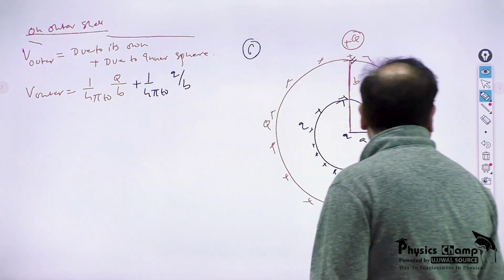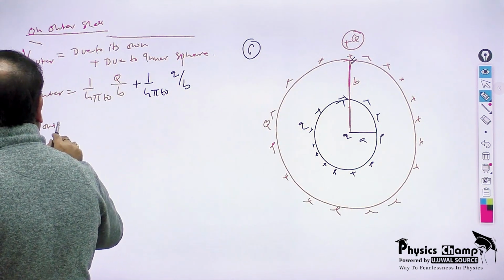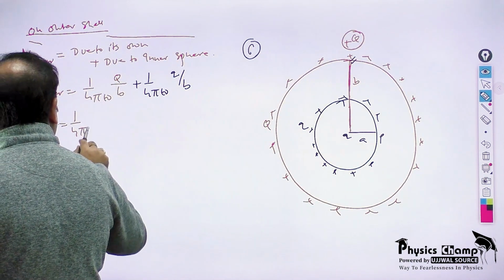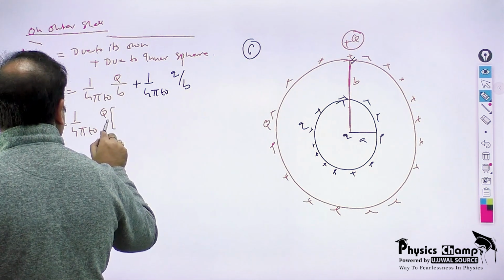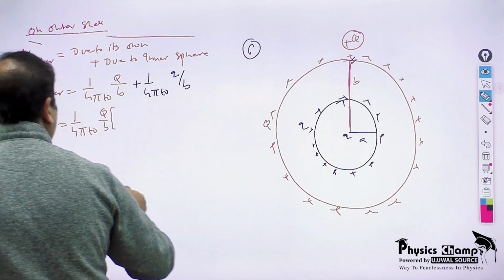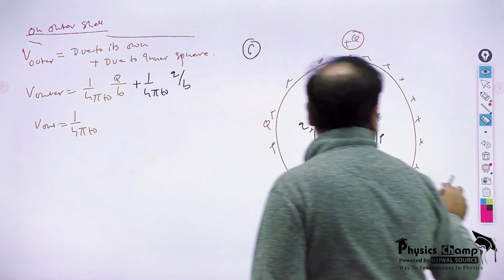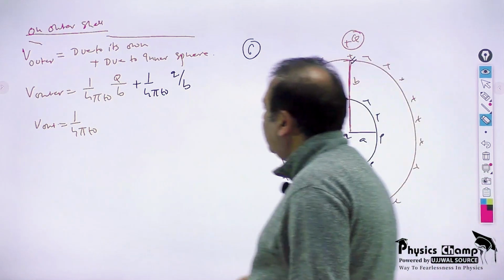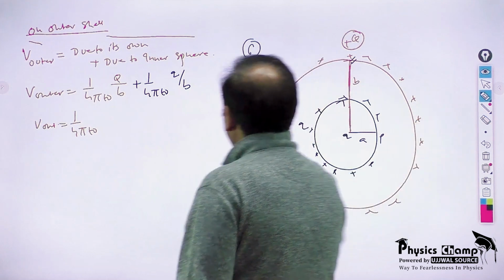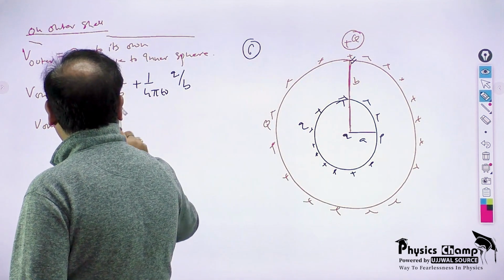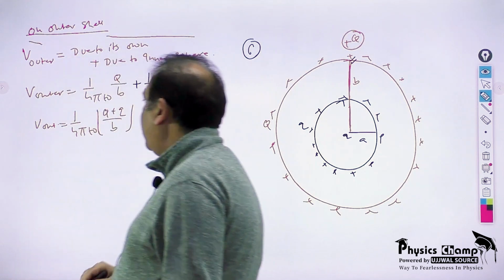So finally the potential on the outer shell is 1 by 4 pi epsilon naught times (Q by b plus q by b). This is the potential on the outer shell.